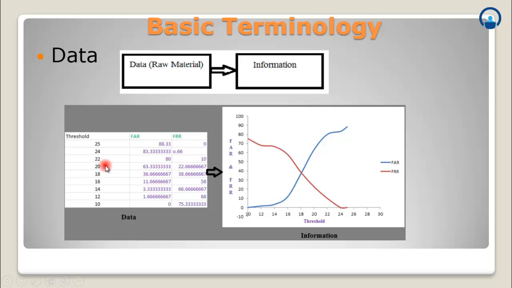From these different columns we have plotted this graph. So from this data we have obtained this information. Now get it that from data we have obtained information. So data is raw material for getting information.